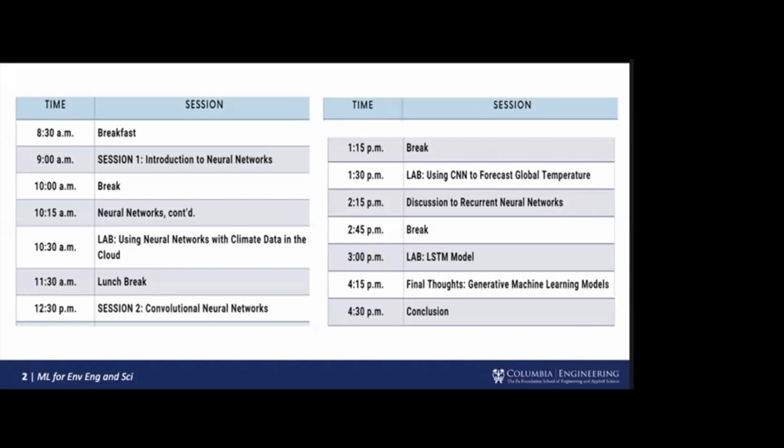Not to go very deep into the math, but to give you a sense of where the field is heading and how those ideas connect back to uncertainty, extremes, and physical modeling. So overall, today alternates deliberately between concepts and practice. If something feels challenging in the lecture, the lab is usually where it clicks. And if something in the lab feels confusing, that's the time to ask questions.